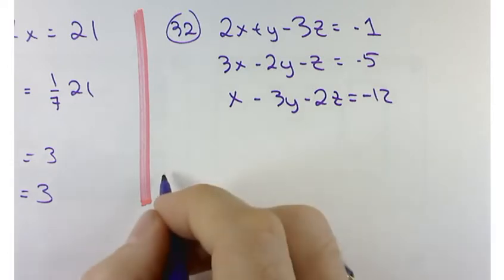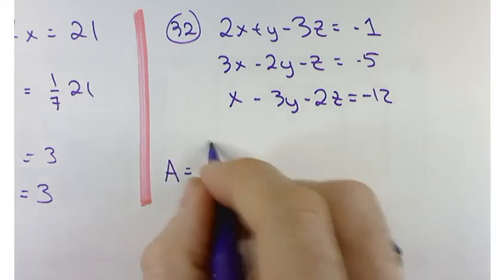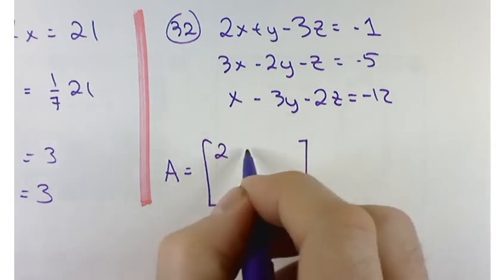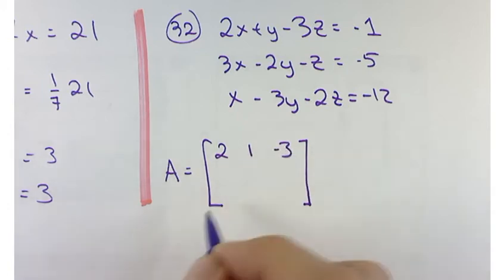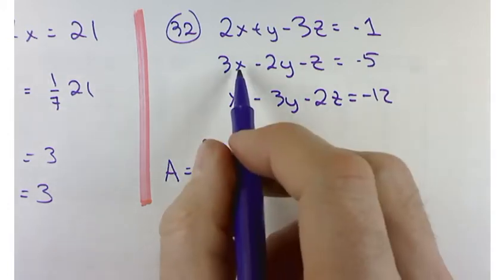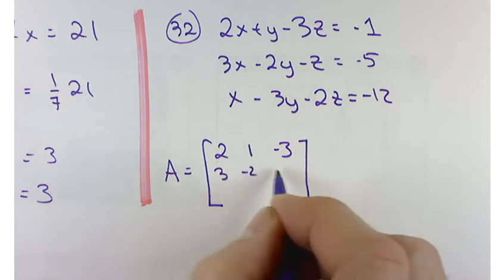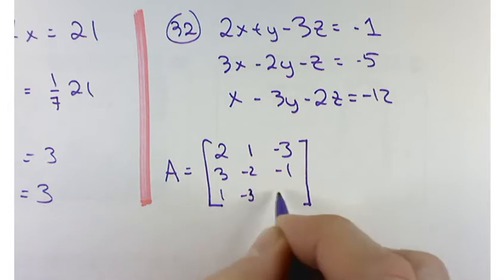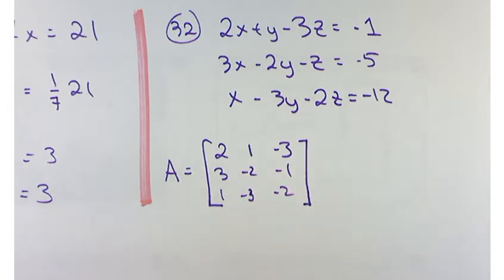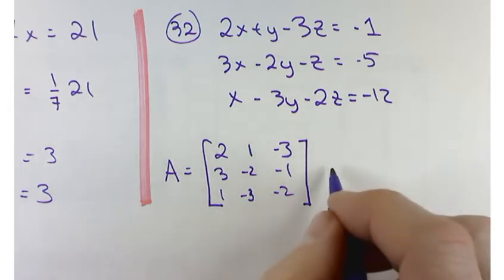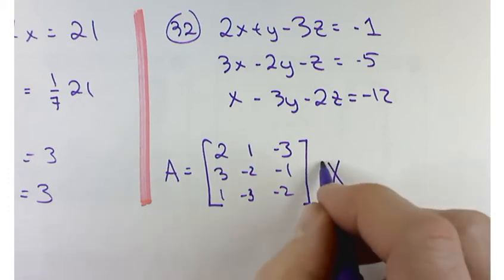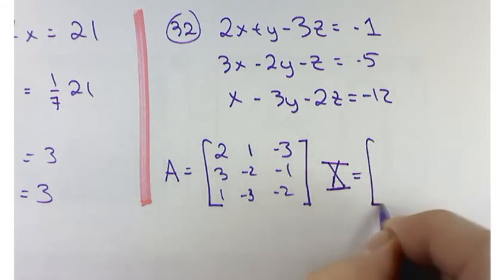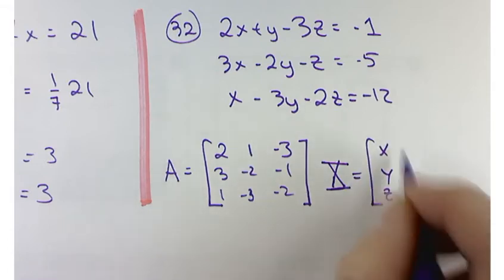So to do that, I'm going to let A be the matrix of coefficients. So that's going to be 2, 1, negative 3; 3, negative 2, negative 1; 1, negative 3, and negative 2. I'm going to let capital X, let me maybe write it like a Roman numeral 10, be my variables, x, y, and z.